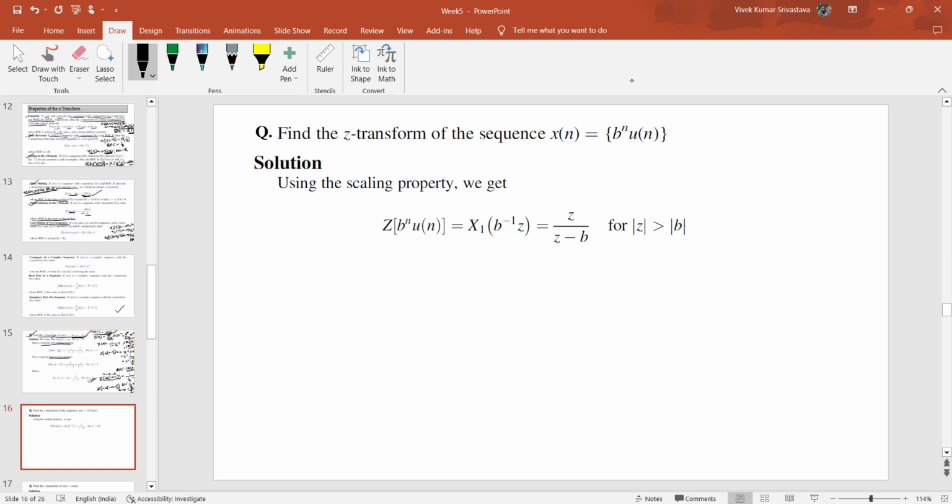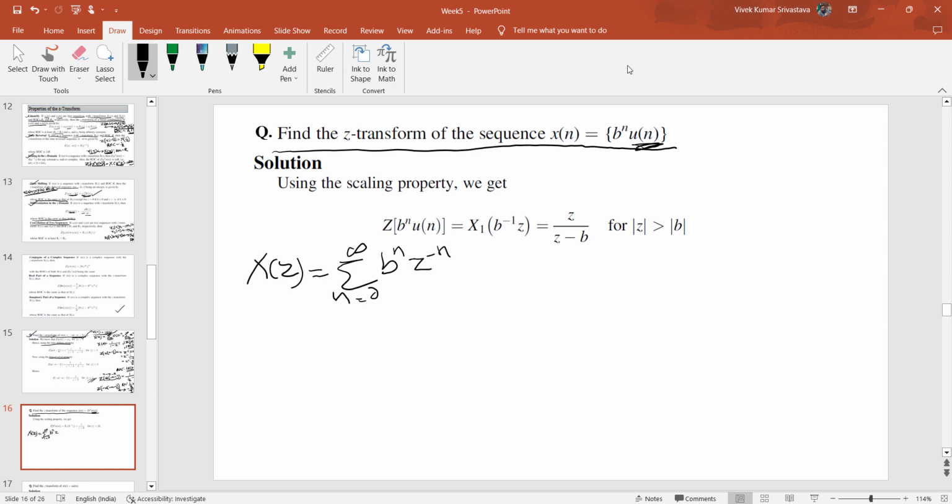So now moving ahead, the next problem is we have to find the Z transform of the sequence x of n, which is defined as b raised to the power n u of n. We will use the expression X of z equals summation n equals 0 to infinity, because u of n is here, of b to the power n z raised to the power minus n.